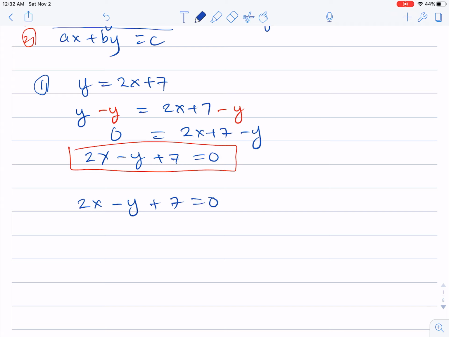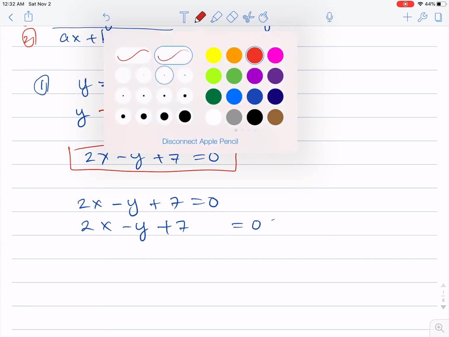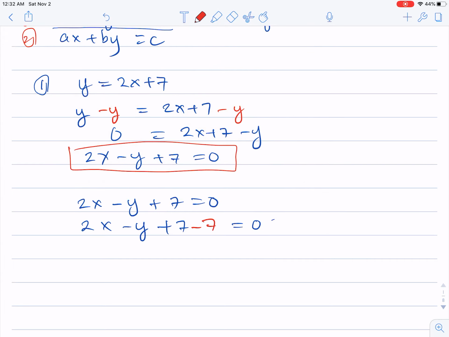Since plus 7 siya, para matanggal yan, magba-minus 7 tayo. We subtract 7 from both sides. So this becomes 2x minus y na lang kasi yung 7 minus 7 is already 0. And then 0 minus 7 is just negative 7.